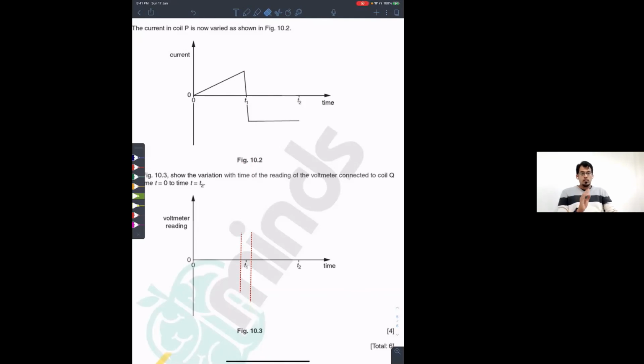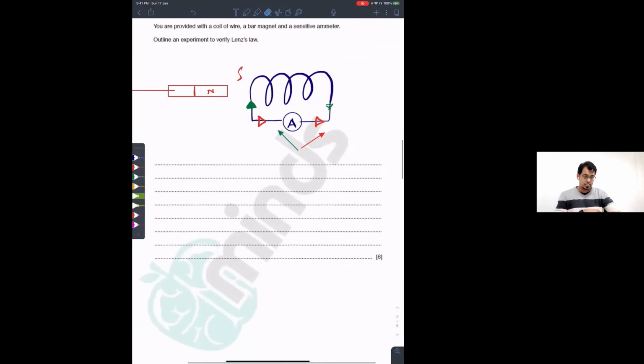What does it mean? On the left of T1 and on the right of T1, you can see a slanted line. It has some significance. Now see, from 0 to T1, current is increasing. So it means that current is changing. Remember, rate of change of current results in induced EMF, because I discussed this equation here.